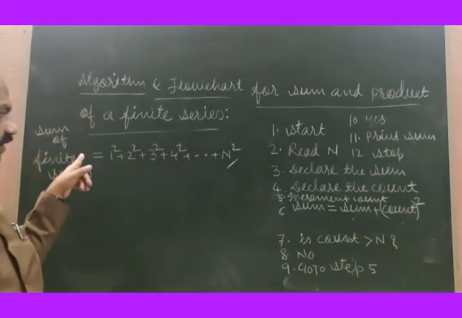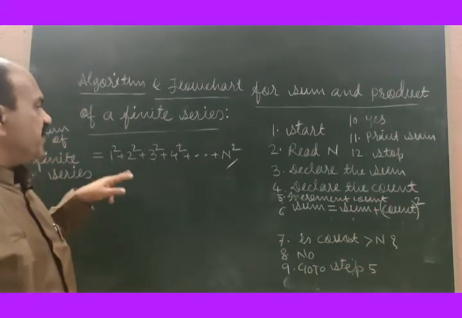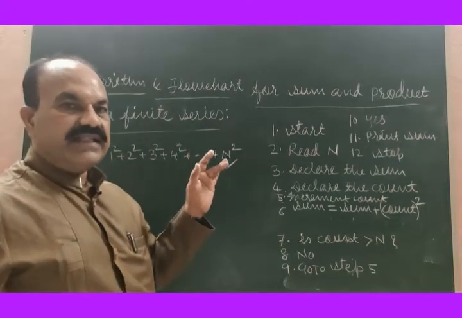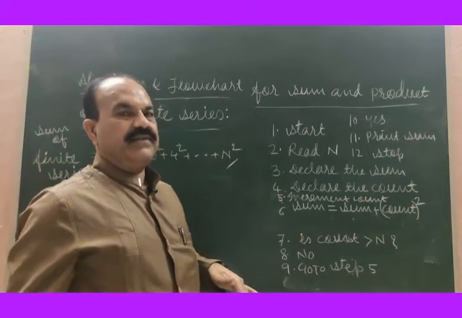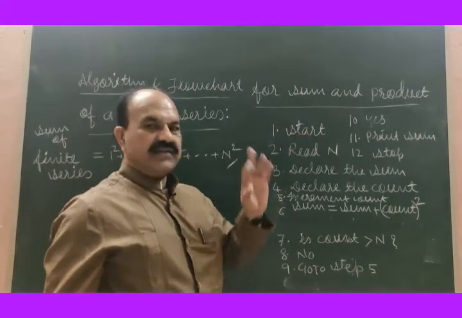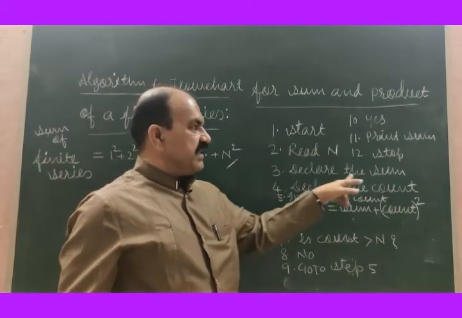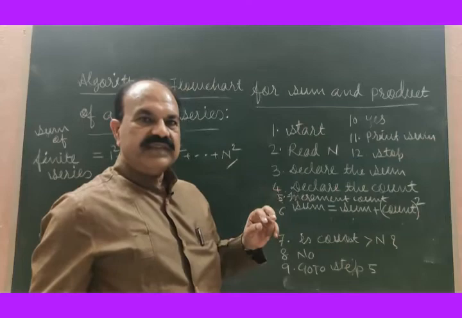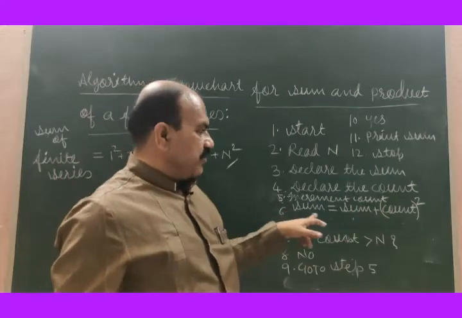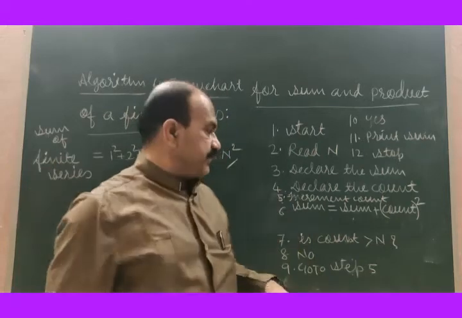This is the algorithm for the sum of a finite series. What finite series have we selected here? 1 square plus 2 square plus 3 square plus 4 square and so on. And the rough idea for writing a program for this is the algorithm. Start, read the limit for the series, declare the sum, declare the count, increment the count, go for the sum using this formula as the series is of this type.